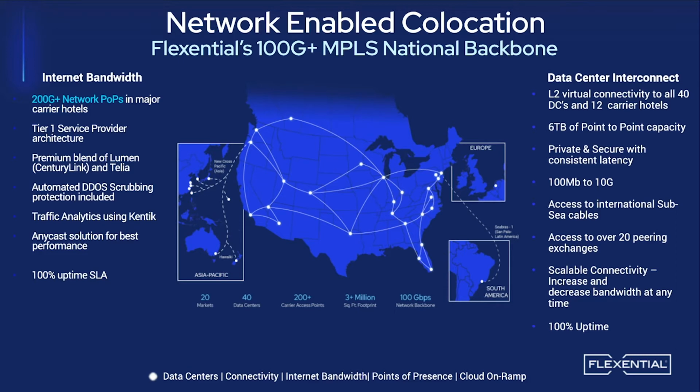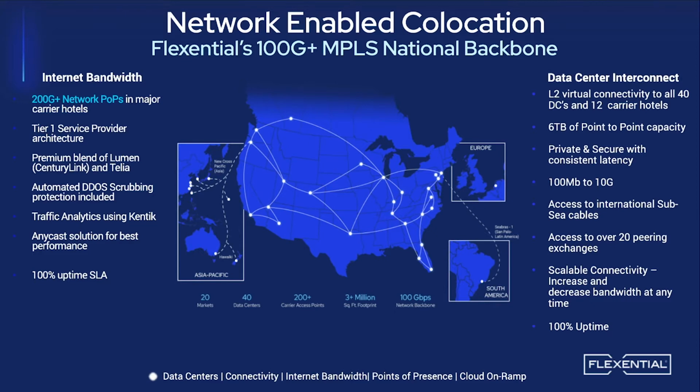It's a premium blend. It's got that DDoS scrubbing I talked about. We use a lot of traffic analytics, whether it's Kentik or ThousandEyes or other services out there to help us manage our traffic. And we really push this Anycast solution so that your traffic hits our private backbone at the closest location to the customer or closest location to your users. And we guarantee 100% uptime.